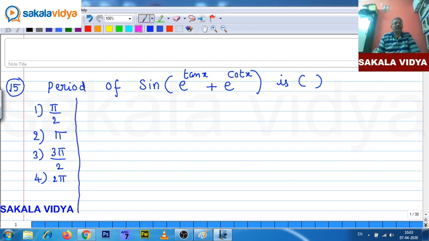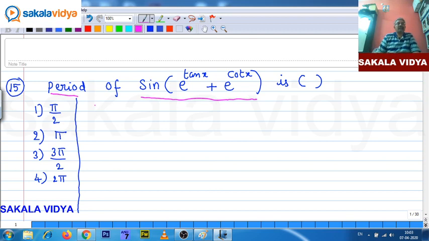So now the period of sine of e power tan x plus e power cot x is, so generally the tan x period is pi, cot x period is pi, you will take the LCM, then you will confirm that pi. No, that's absolutely wrong. Here we need to check it, because if you observe, even pi by 2 is the least value rather than pi.